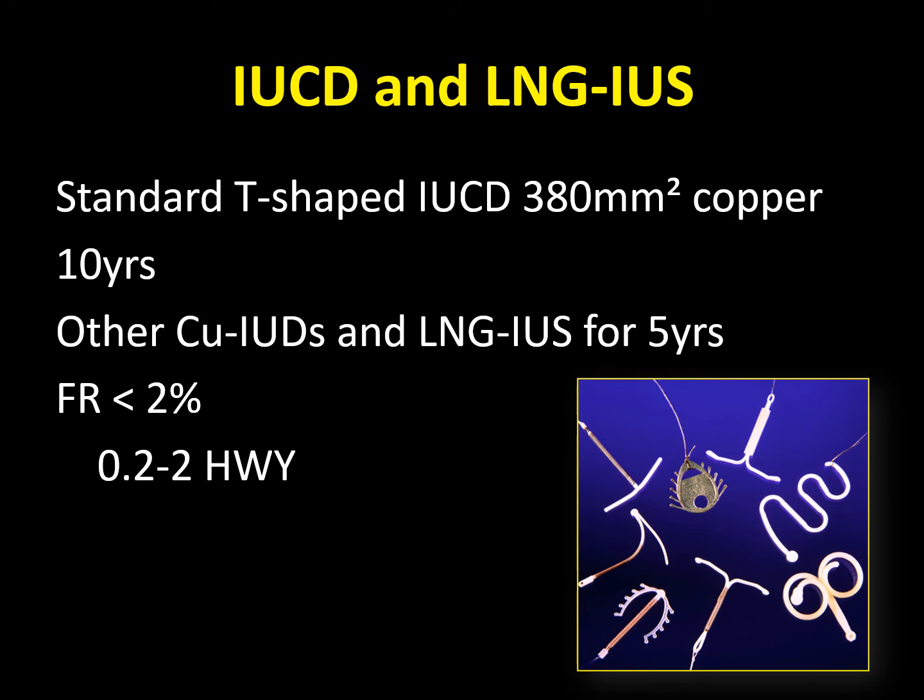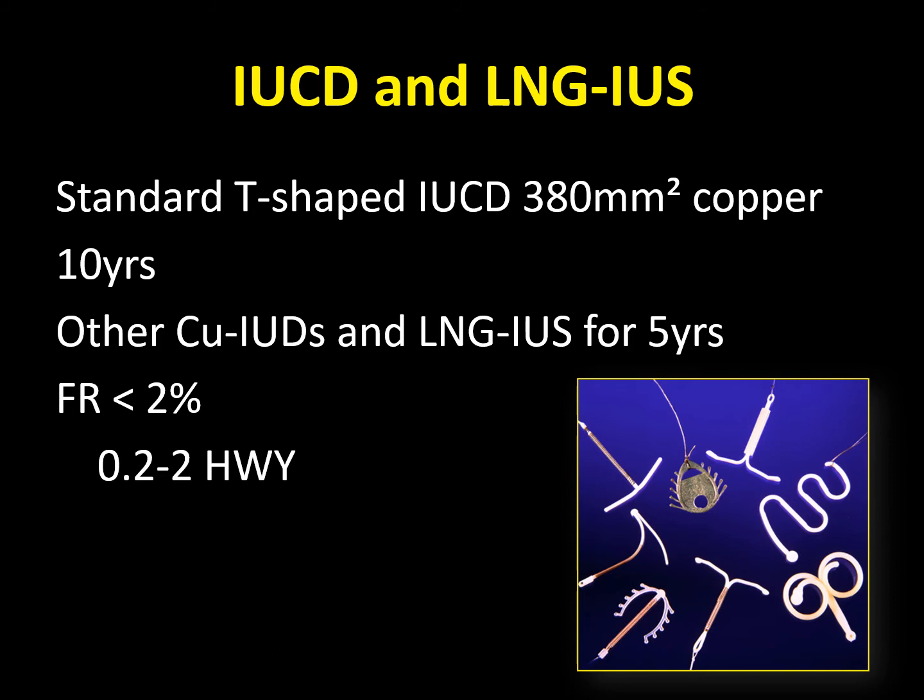Other copper IUCDs may have different amounts of copper. Nova T can be kept in for 5 years, and this one has copper wire with a silver core.